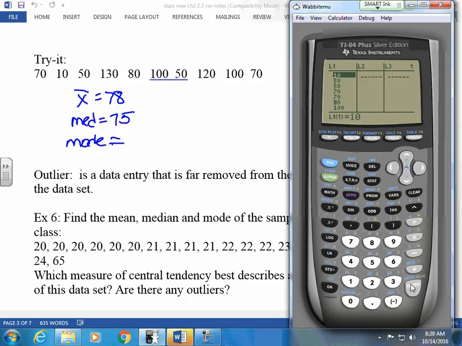Here's your data in order. So now you can see you have two 50s, two 70s, and two 100s. So what is your mode? 50, 70, and 100.